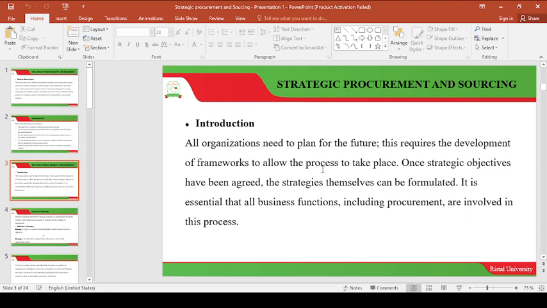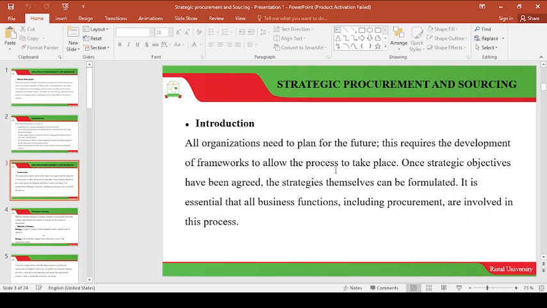So as procurement's main purpose is to acquire goods for the organization, then it means that if the organization is spending carelessly through its department, the procurement department, then it means that the organization cannot achieve its goals.